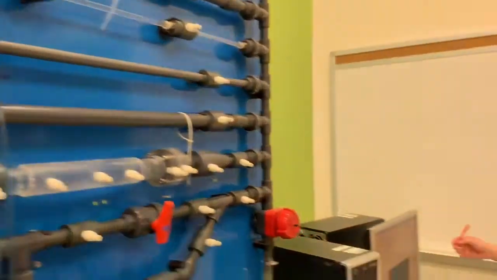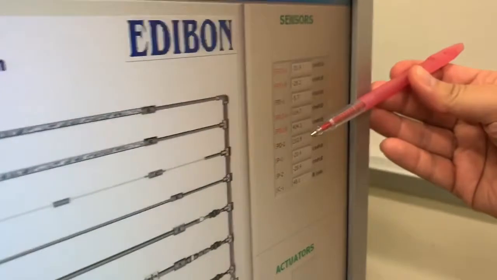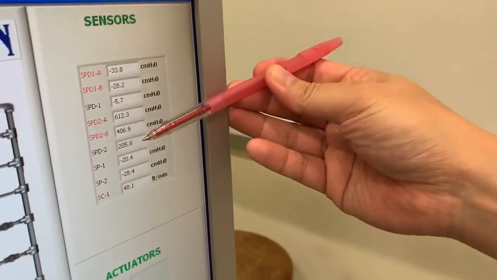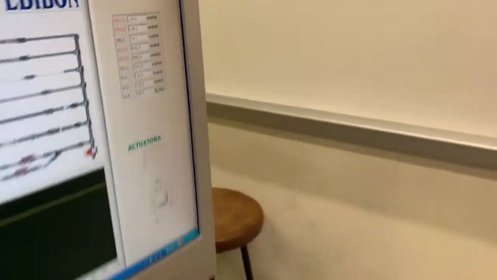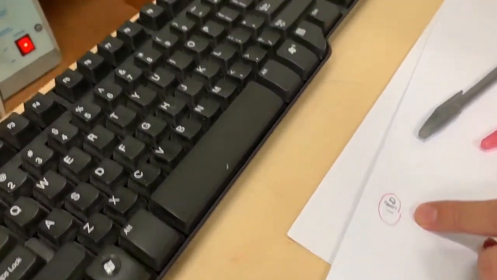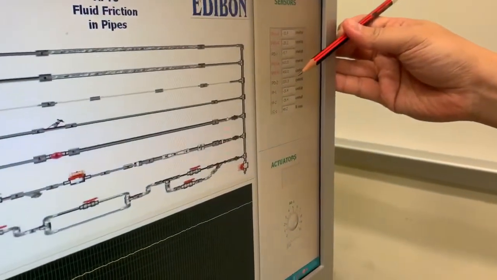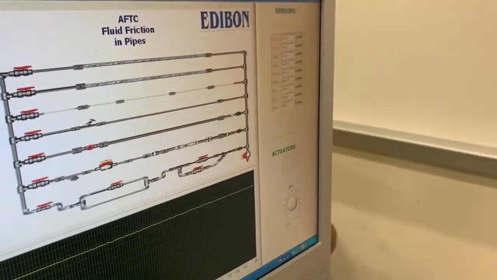Okay, we look at the pressure. Now the differential pressure is higher. Our original one is 190. So we turn down the actuator in order to have the same differential pressure, 190.